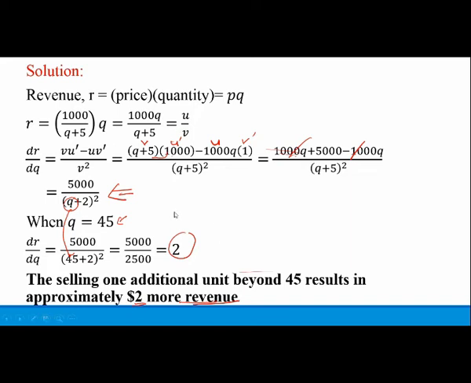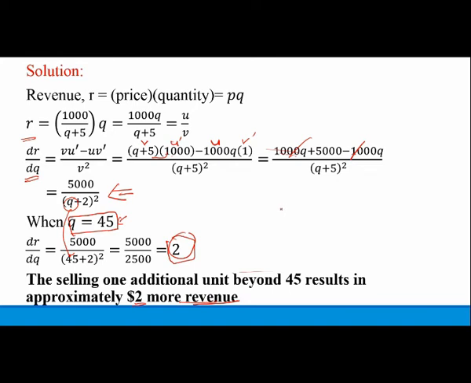Okay, if you want to find the marginal revenue, you find the revenue first, and then you differentiate, and then you put the value of the quantity you want, and you will get the marginal revenue.